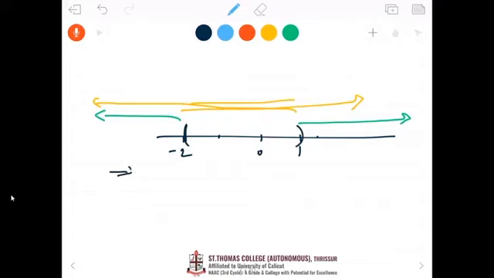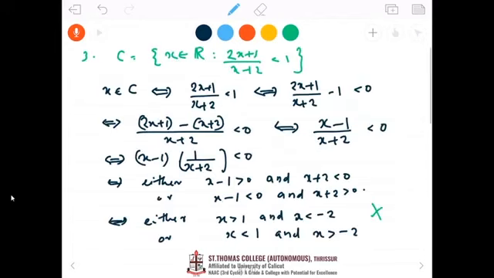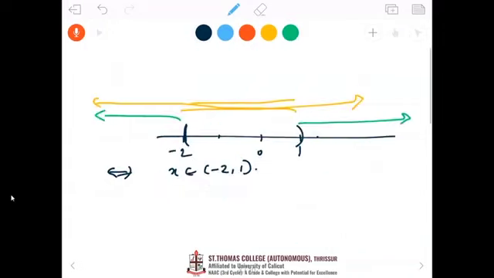So this implies and is implied by x is an element of (minus 2, 1). The first part, there is no x satisfying the first two inequalities, and x satisfies the second inequality if x is an element of (minus 2, 1). So our C is the interval (minus 2, 1).